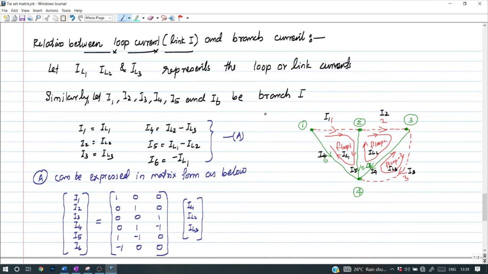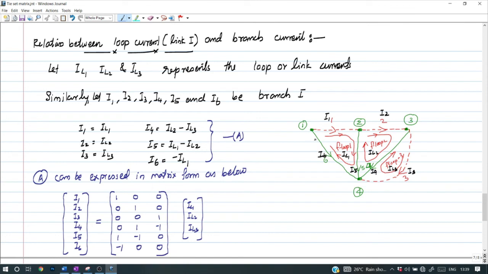By inspection, we can write down these equations. What is I1, branch current 1? It is nothing but fundamental loop 1 current. So I1 is equal to IL1. Similarly, I2 is fundamental loop current IL2. Similarly, I3 is fundamental loop current IL3. These three equations we can easily find out by looking into the graph itself.